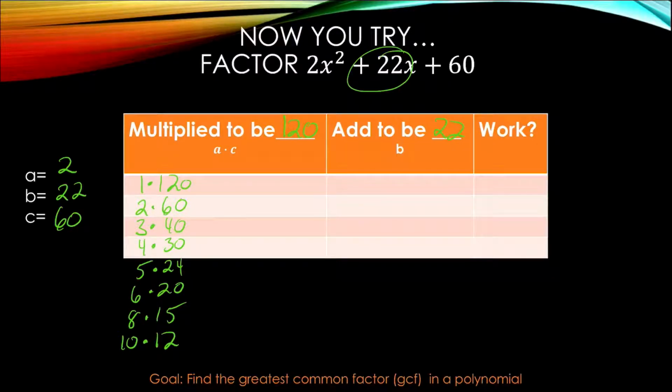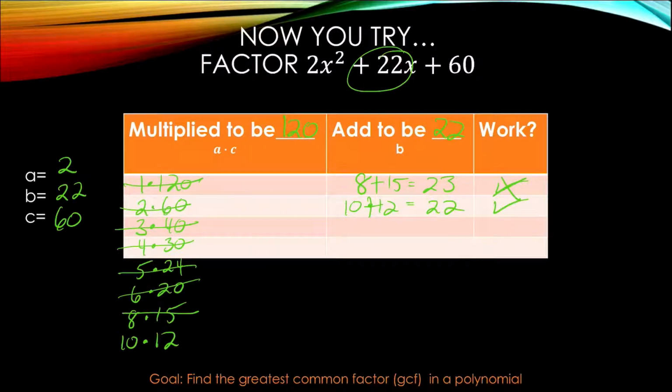Okay, everything's going to be positive, so I can cancel out a lot of these already. These are all super big numbers. 5 and 24 is 29, 26. Let's see, 8 plus 15 equals 23. Oh, no check mark, x. So that one doesn't work. 10 times 12 equals, 10 plus 12, sorry, it's 22.